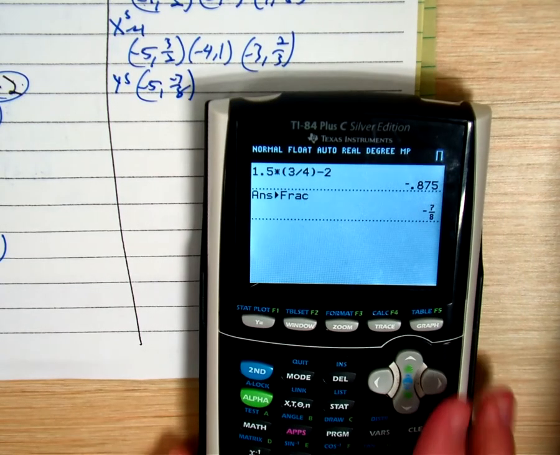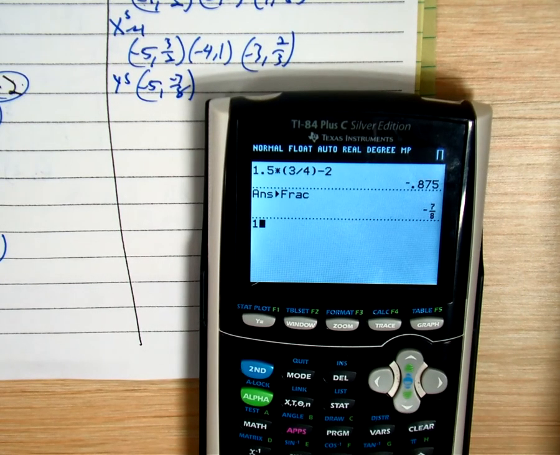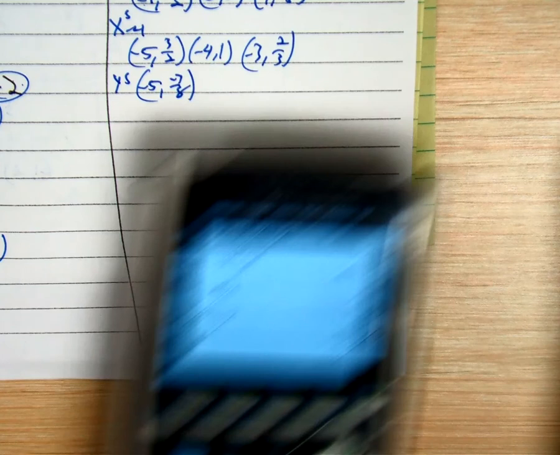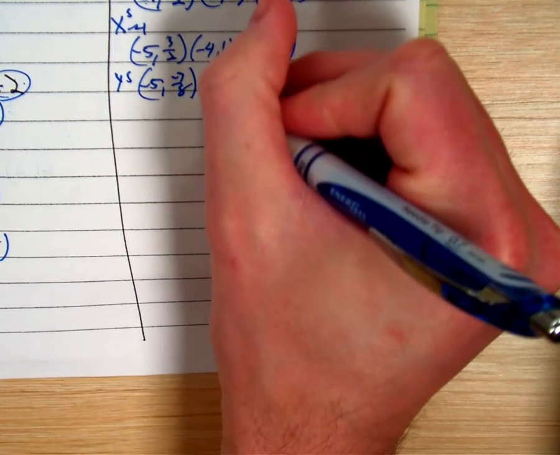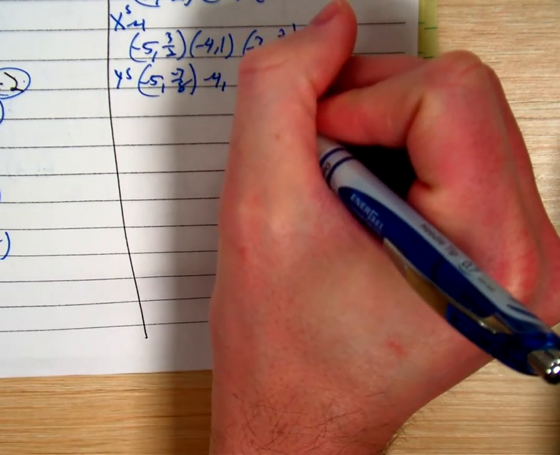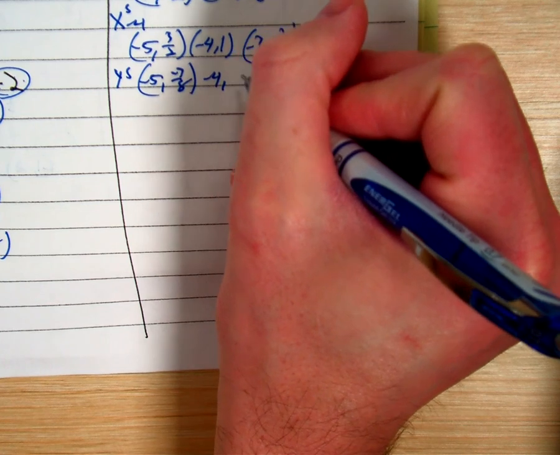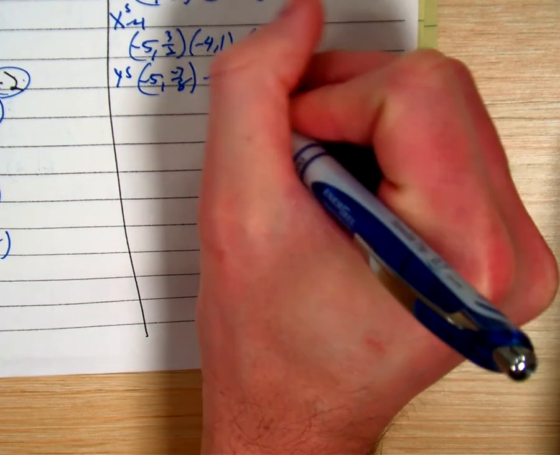Okay. Then we have 1 times 3/4 minus 2. We'll go with the decimal there. Negative 4, comma, negative 1.25.